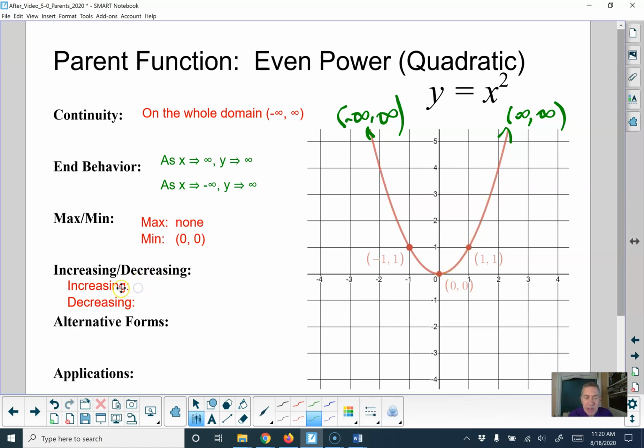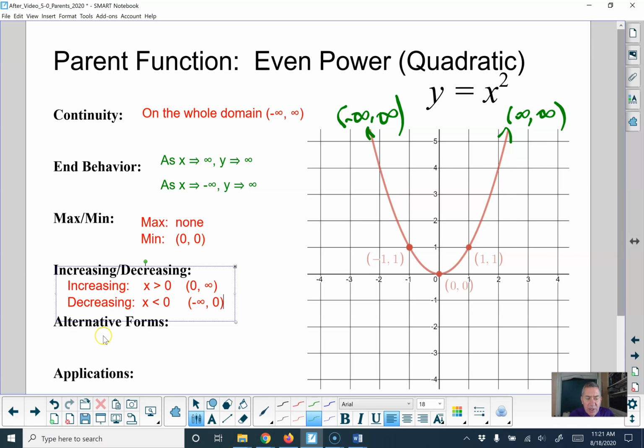So it's increasing when x is bigger than 0, also known as 0 up to infinity. It is decreasing when x is less than 0, also known as -infinity up to 0 in interval notation. So from x is -infinity to x is 0, it's decreasing. From x is 0 to x is infinity, it's increasing.